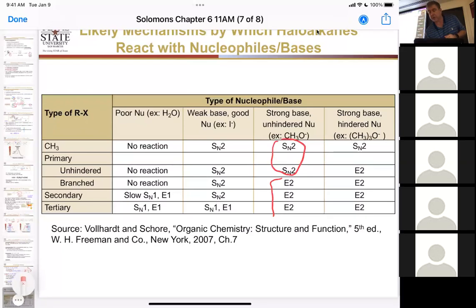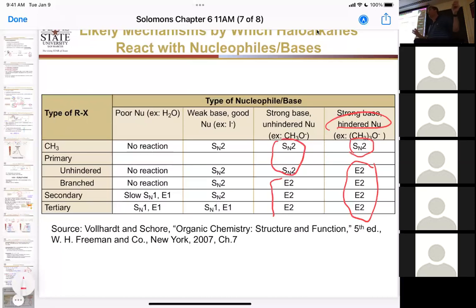Now let's go to a strong, hindered base, like t-butoxide. It actually will make an ether with an SN2 with the methyl because there's no beta hydrogen. It can't do the elimination. But everything else does an E2 because it's a non-nucleophilic base. It's going to pull off that hydrogen.